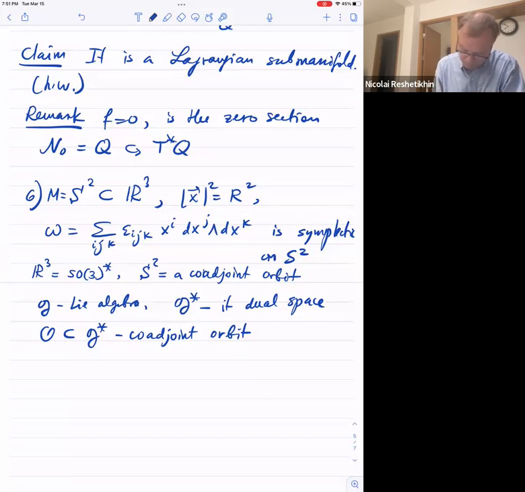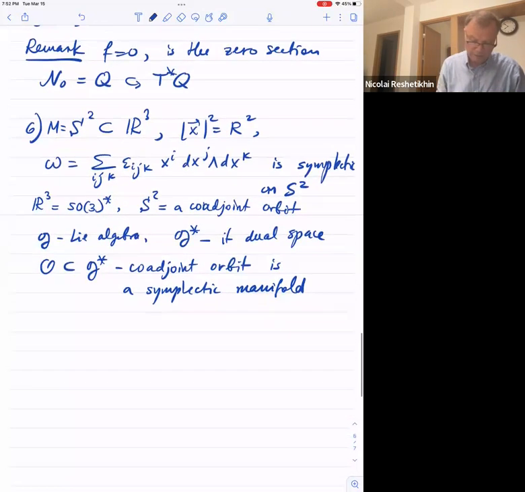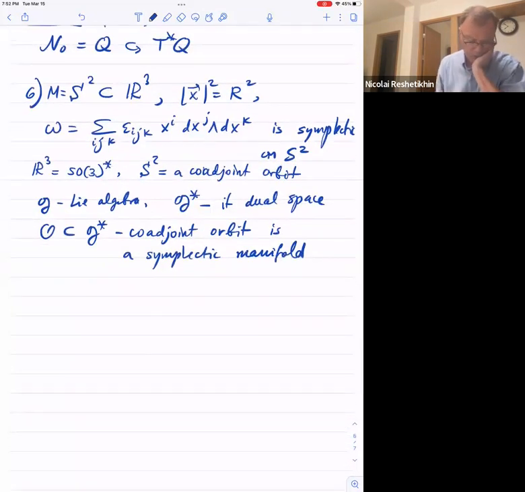A coadjoint orbit is a symplectic manifold. And in terms of Poisson geometry, G star is a Poisson manifold, and these coadjoint orbits are so-called symplectic leaves of this Poisson structure. I'm not going to write this because we will discuss it later, but probably not in this course.